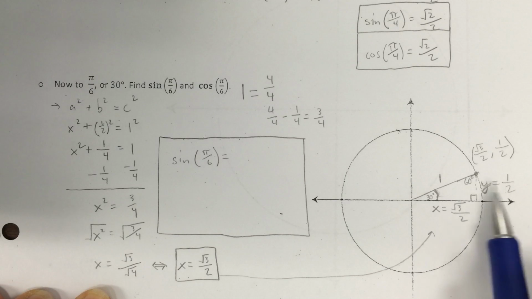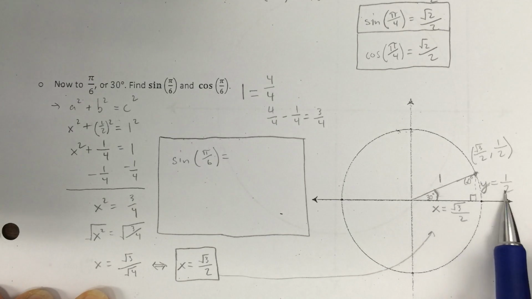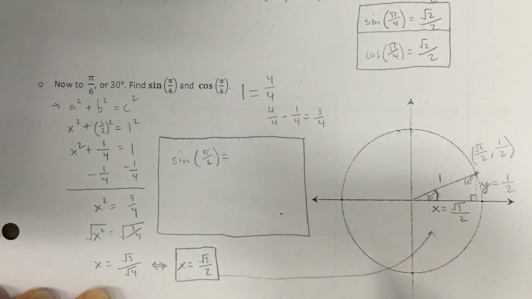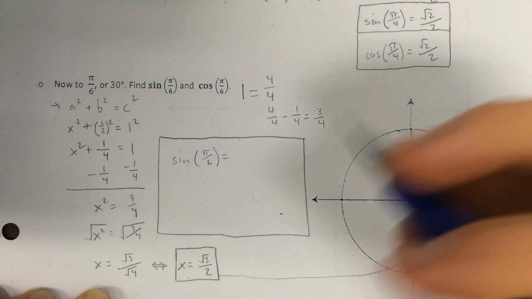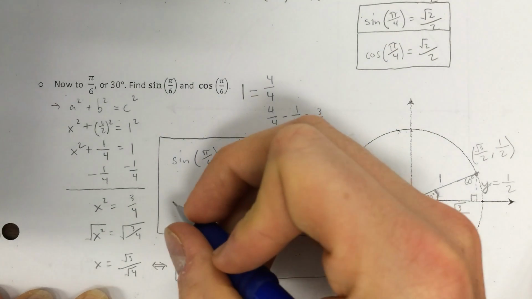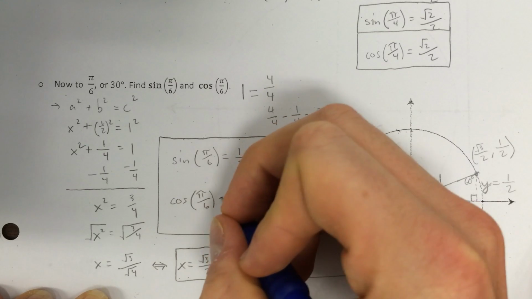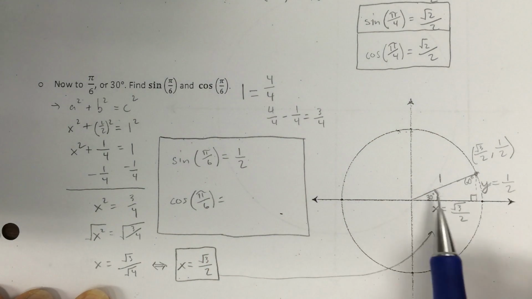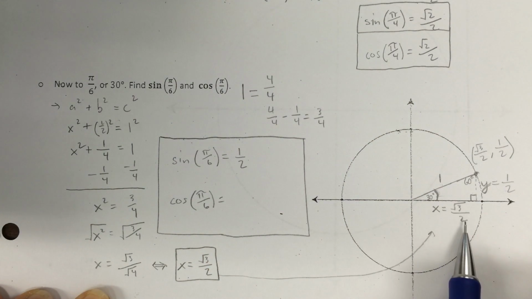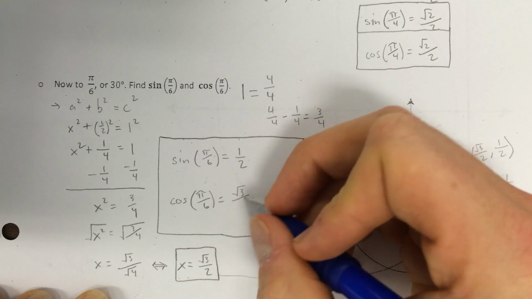So it's 1/2 and hypotenuse is 1. So 1/2 over 1, or 1/2 divided by 1, would just be 1/2. Similar thing for cosine. Cosine is adjacent over hypotenuse, and the adjacent side is square root of 3 over 2. So adjacent over hypotenuse would be square root of 3 over 2.